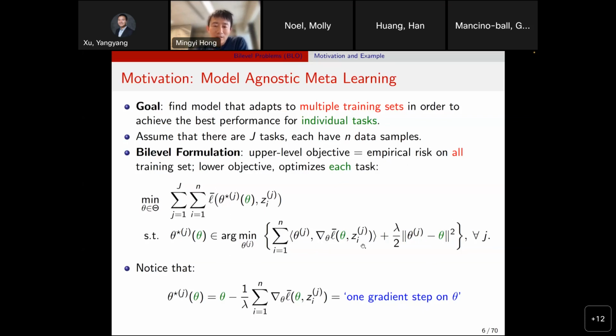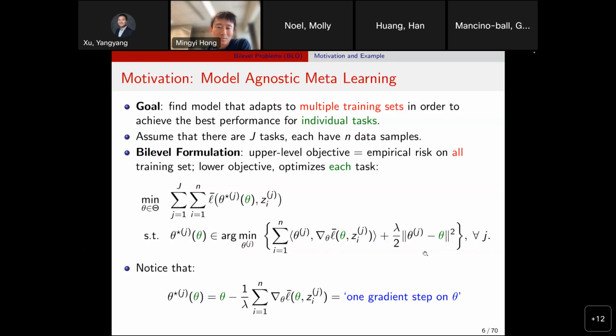Now, if you look at the loss function, this is not exactly the loss function for the particular task, but a linearized version. The reason is that first of all, if it's a loss function for the entire problem, it's highly non-convex, so it will be difficult to solve. Second, typically what people really want is the ability to do quick adaptation, meaning if I use just one step or two steps, my solution will be able to adapt to the training set.